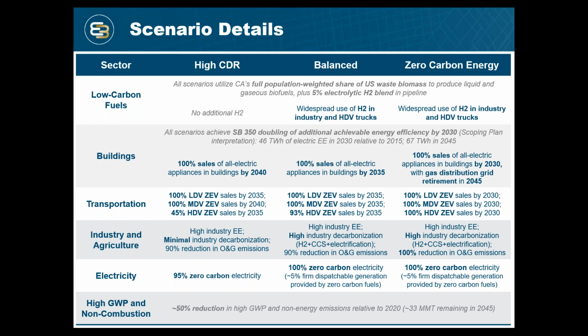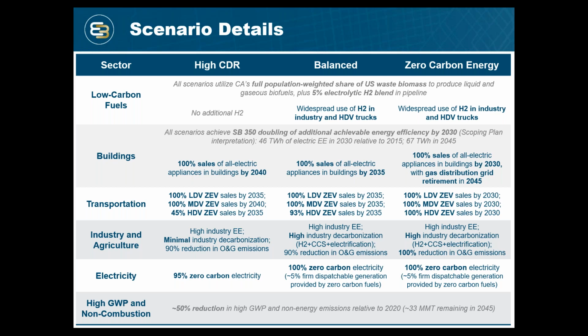All of the scenarios have the same level of energy efficiency in buildings, which is reflecting a pretty aggressive implementation of energy efficiency. The scenarios vary in terms of the year at which they achieve 100% sales of electric technologies, and that applies to both buildings and vehicles and transportation.